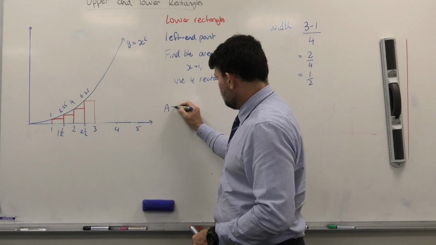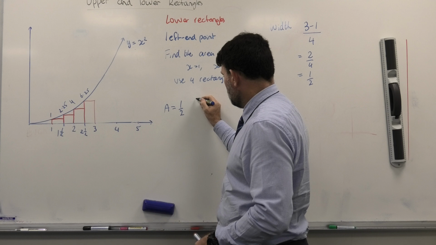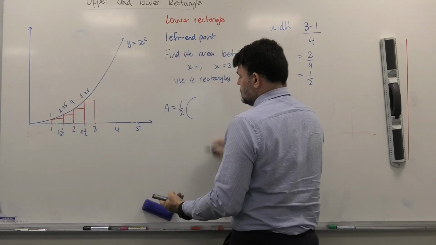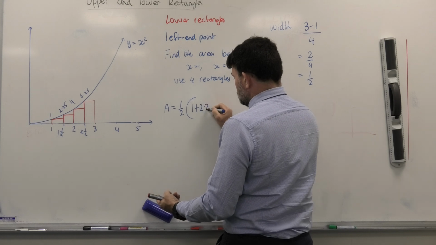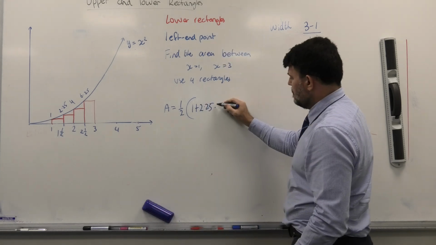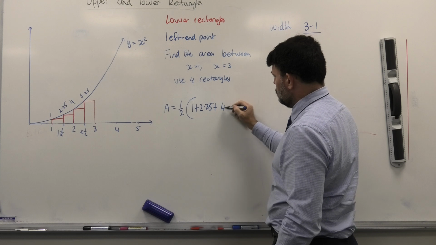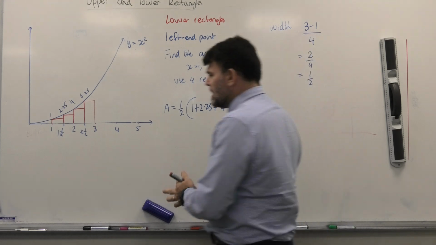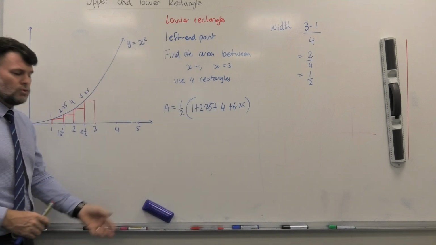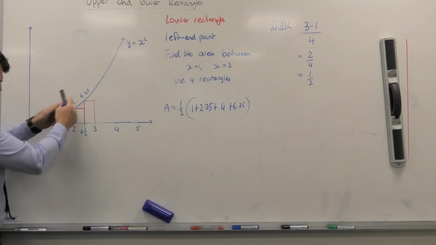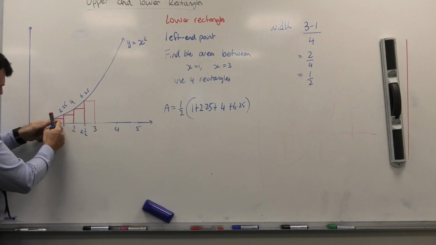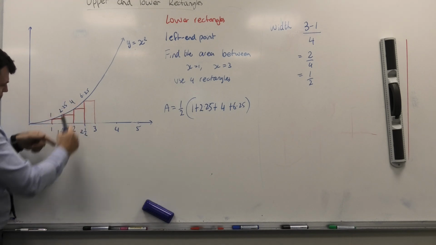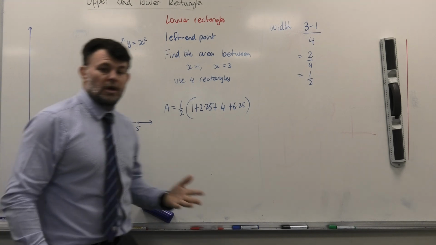So area is equal to half times the sum of all these numbers. And the reason I'm doing that is because I'm working out the individual heights of each of these rectangles. So half times 1, another half times the next height.